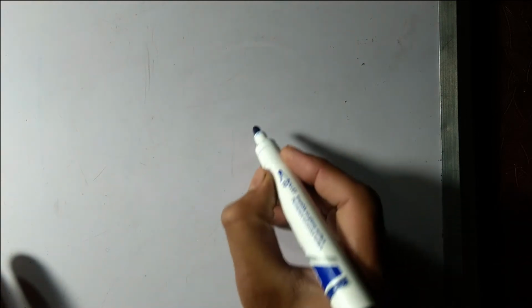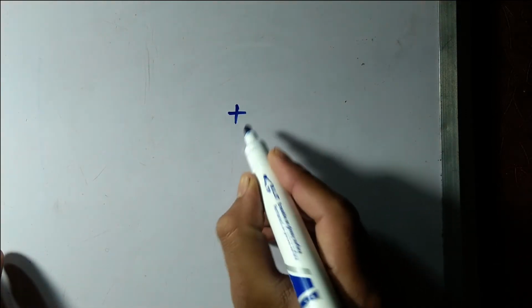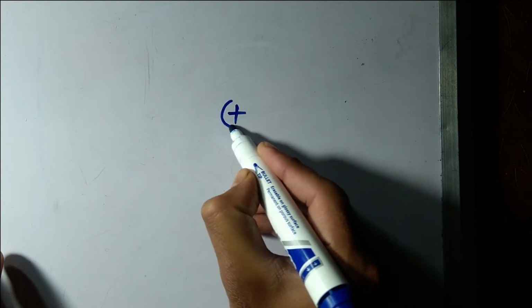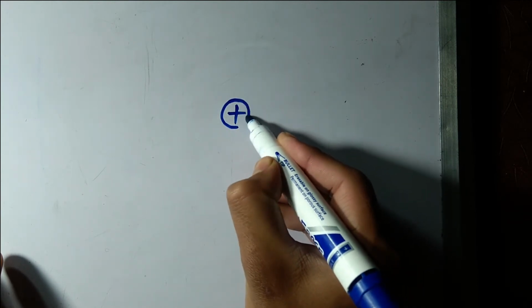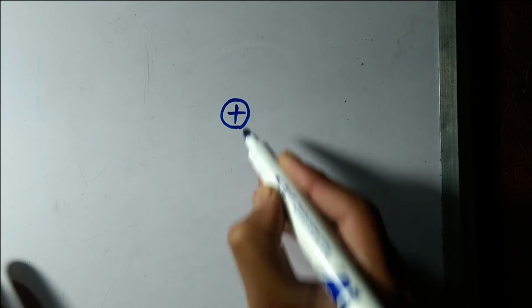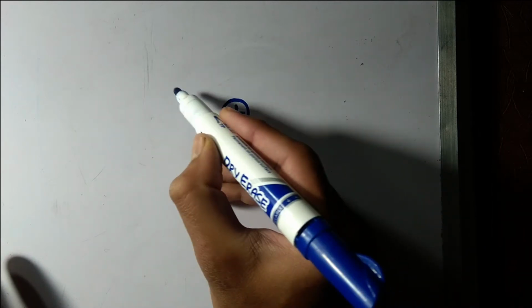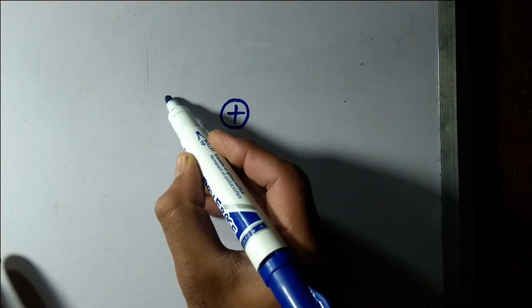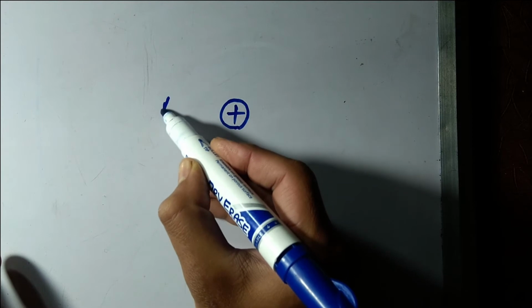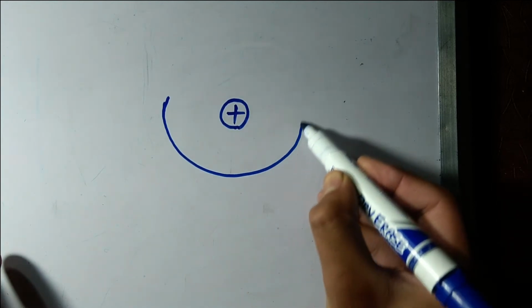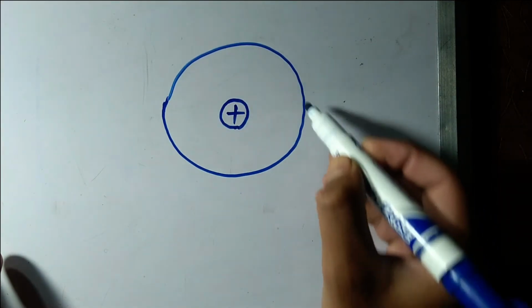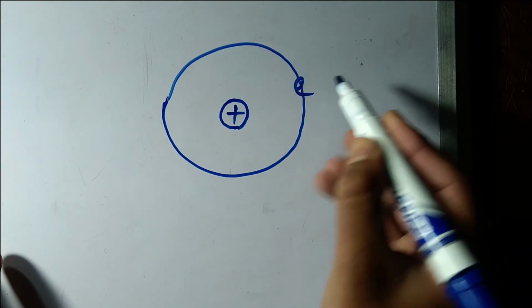So the atom mainly consists of a positive part called the nucleus, and then we have some negative revolving part here called the electron.